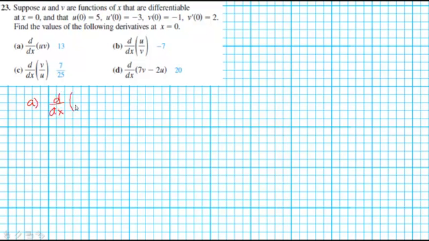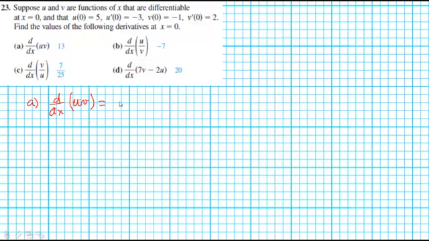The derivative with respect to x of uv, where u is understood to be a function of x, and v is understood to be a function of x. Now, in this situation, we understand this to be u and v being multiplied.